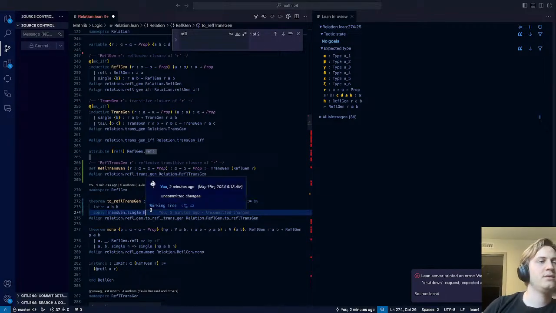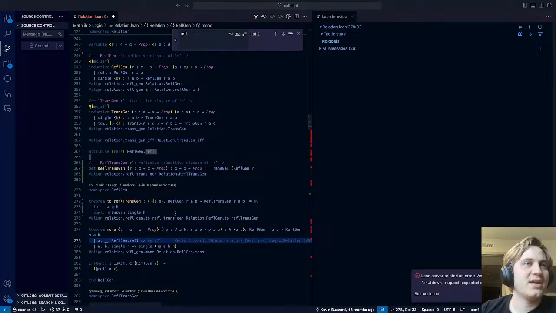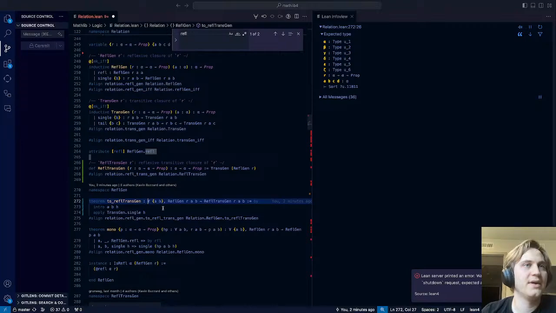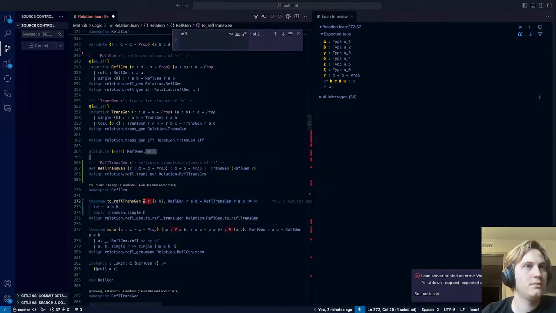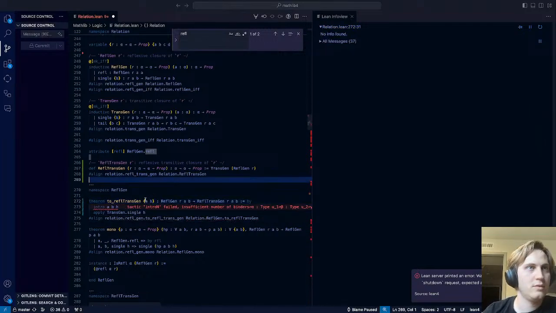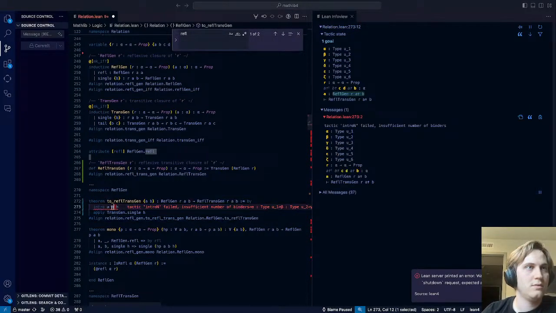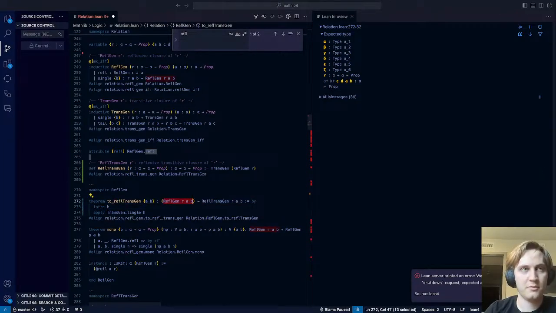In fact, I don't necessarily see why it has to be like this. The convention in Mathlib is to put the colon later, right? So it should just be the case that A and B are of type alpha. And I can furthermore, if I want to, put an H here so I don't have to do this.